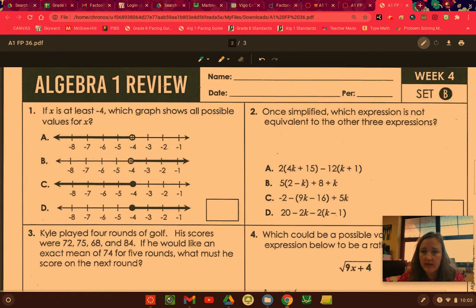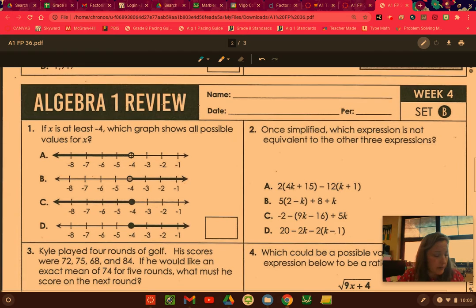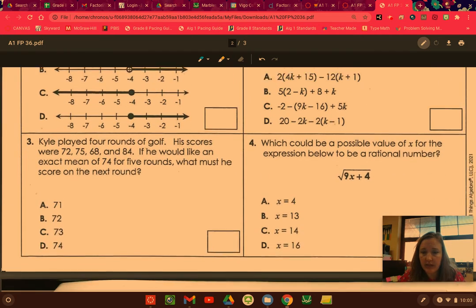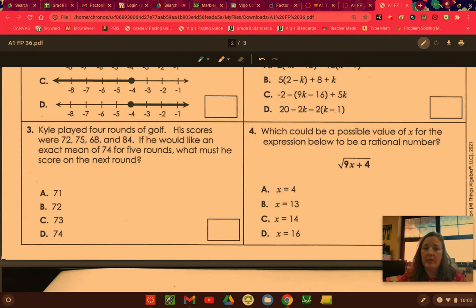So this is week 4, set B, which is the bottom of the second page. Which could be a possible value for x in this expression? So 9 times something plus 4, and we're taking the square root of that. When we're given all these values, we can just start trying them, right?